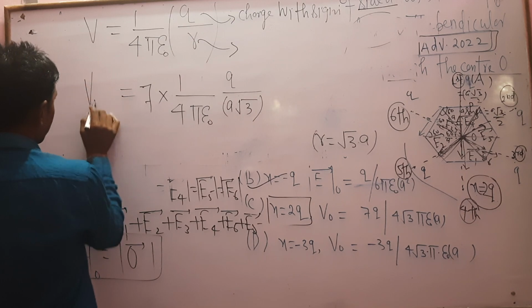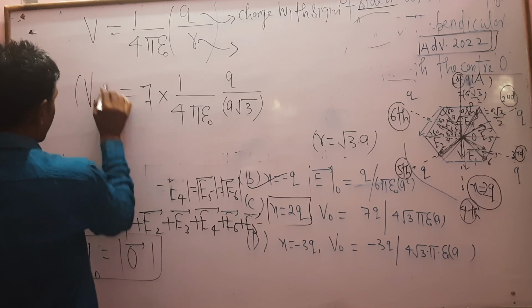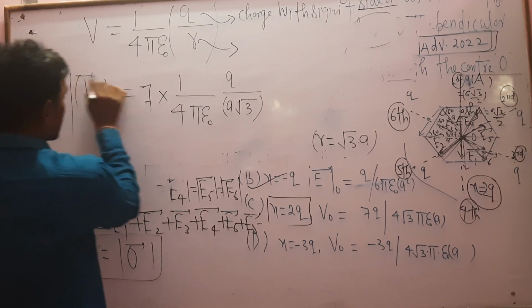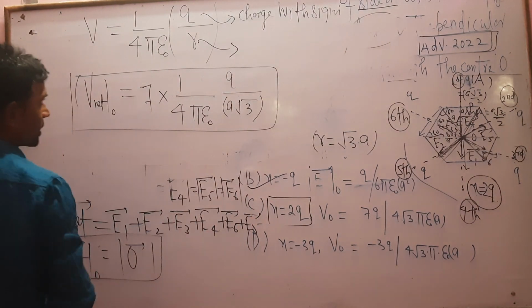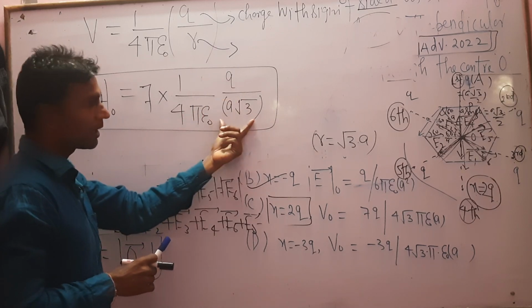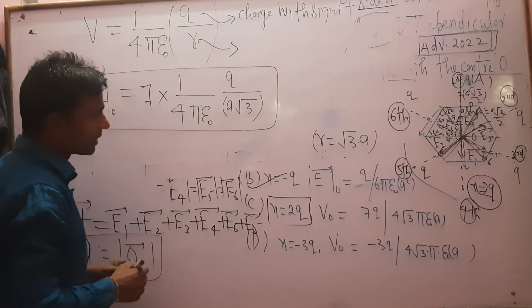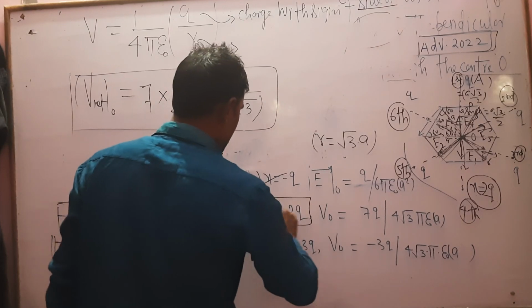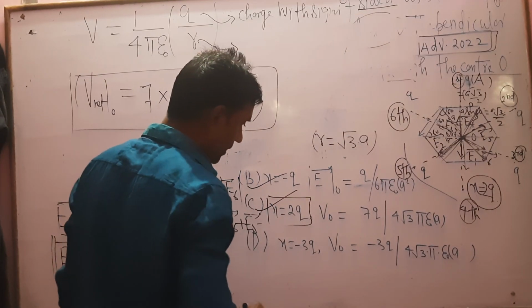Then this is the net potential at point O, which equals 7 into 1 upon 4 pi epsilon naught q divided by a into root 3. So option C is also a correct option.